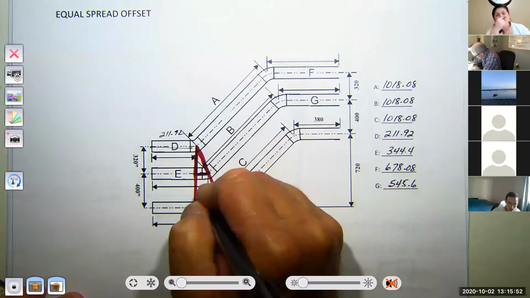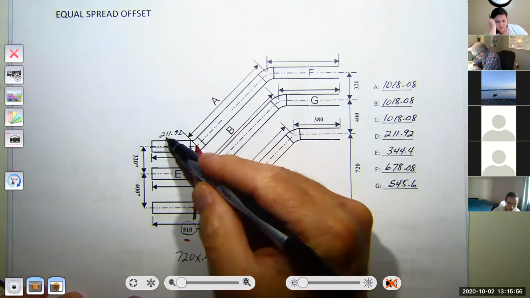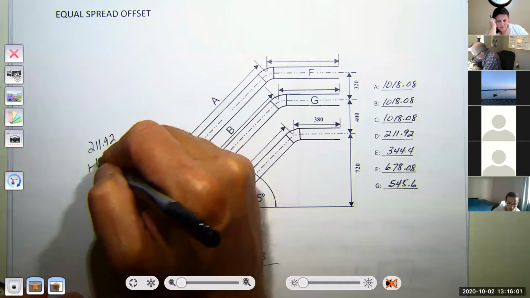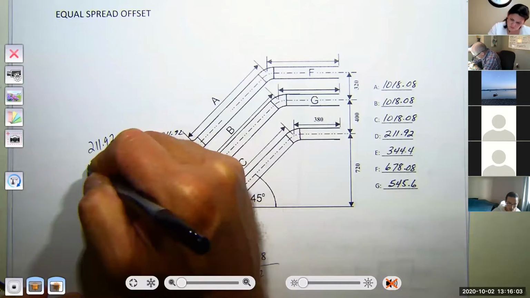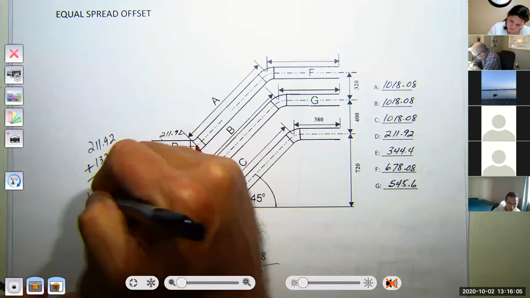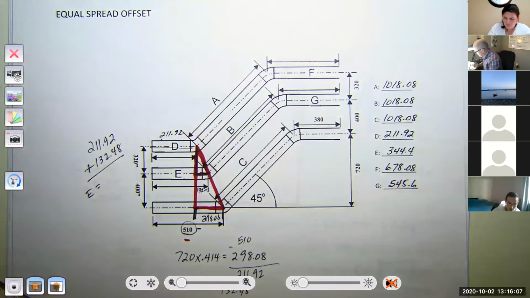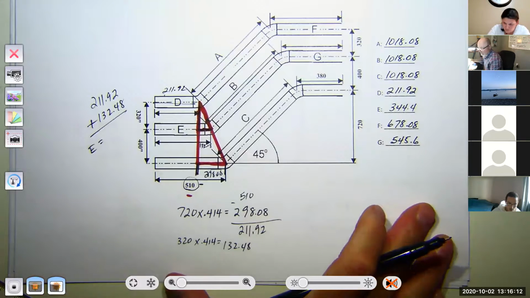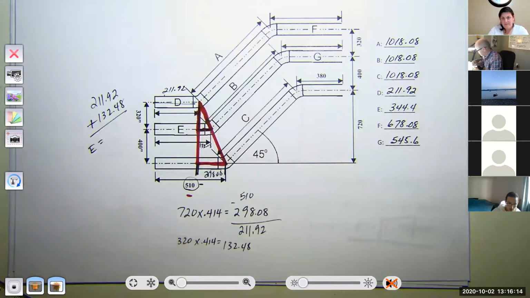My pen is running out of ink. And I add it to the 211. So 211.92 plus 132.48 is equal. Move up the page just a touch, Doug, please. Thank you. There you go. Sometimes I get carried away and I don't see what I'm doing.